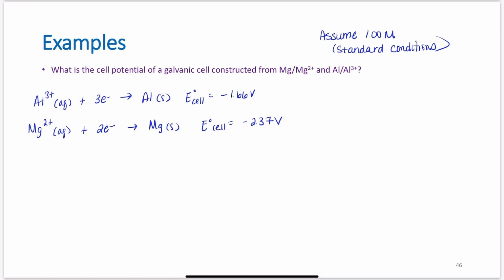I've got a negative 1.66 or a negative 2.37. The more negative the number, the stronger it will be at oxidizing. The more positive the number, the stronger it will be at being reduced. So they're both negative. And that's, I think, one thing that throws students off: they're both negative. But this one is less negative, or more positive.